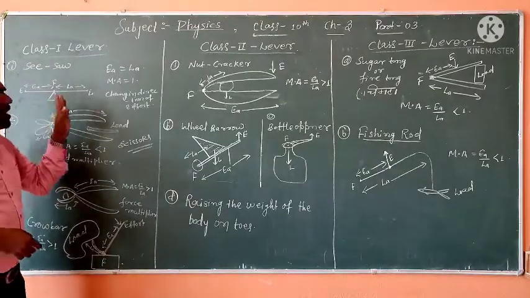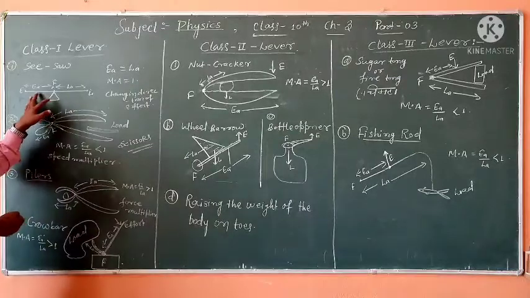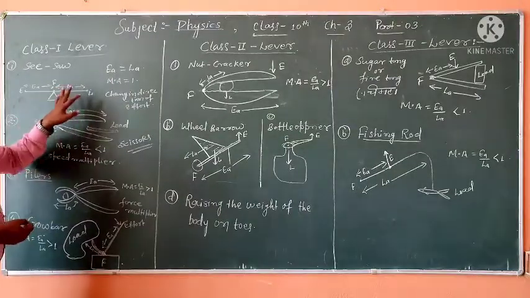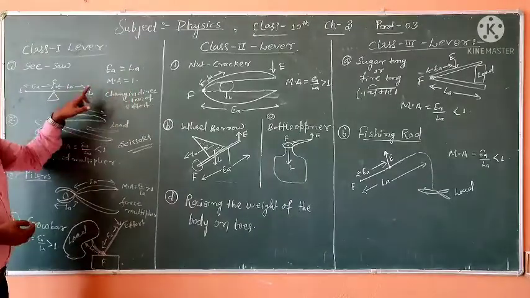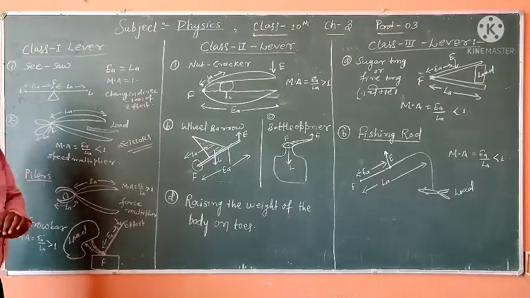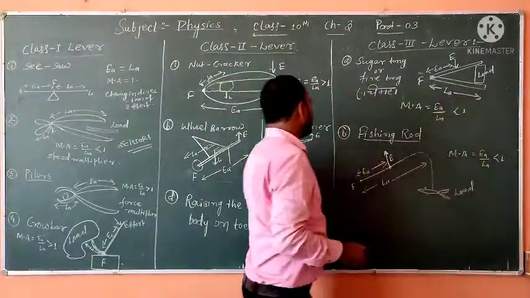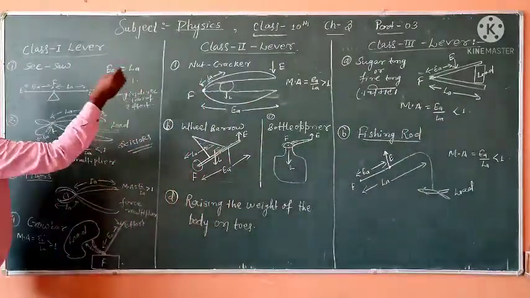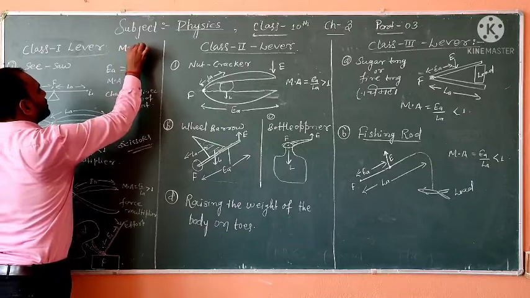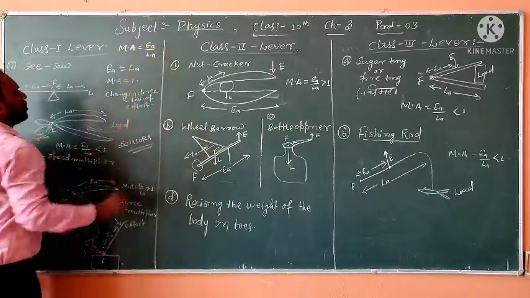As load arm and effort arm are equal, the mechanical advantage of this type of lever is 1. So it always works as a change in direction of effort. Here, as we know, mechanical advantage is equal to effort arm upon load arm.